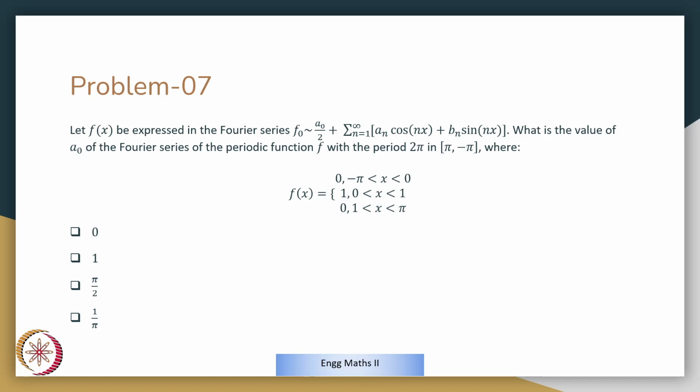Problem number 7. Let f of x be expressed in the Fourier series with this particular form: a naught by 2 plus summation an cos nx plus bn sin nx. And we are asked to calculate the value of a naught for the given function f of x.